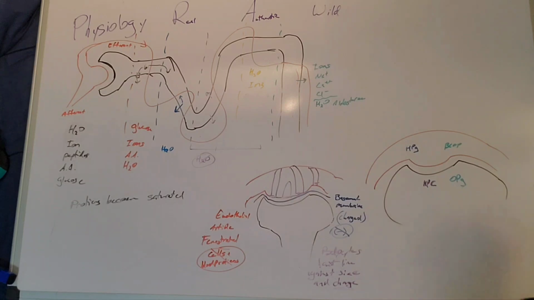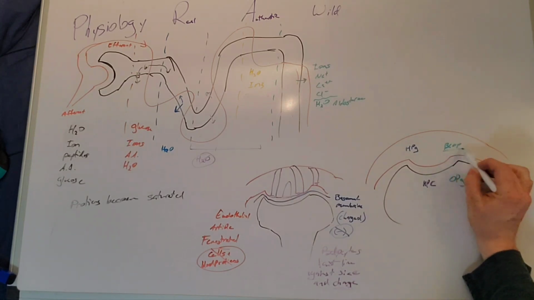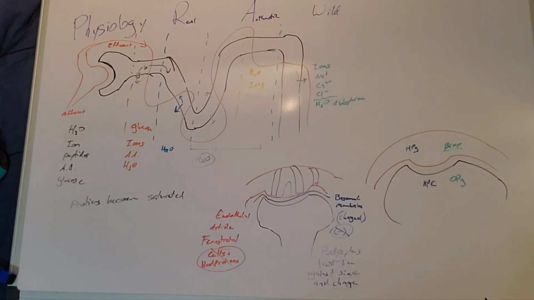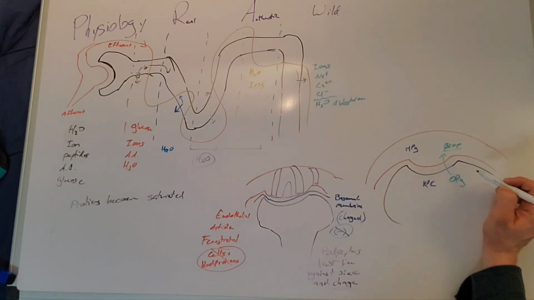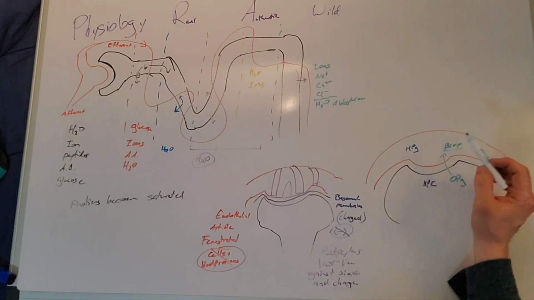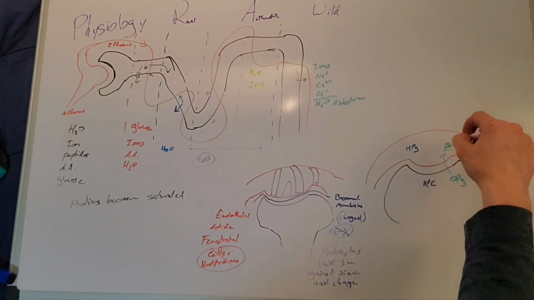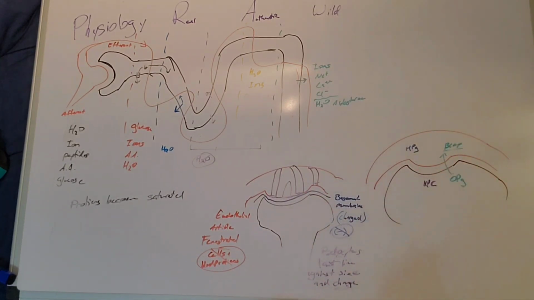We have a few colors going on. As we saw earlier, BCOP, the blood colloid osmotic pressure, will pull water and substances back into the bloodstream, because those proteins can't get through, so it'll make osmosis go that way.